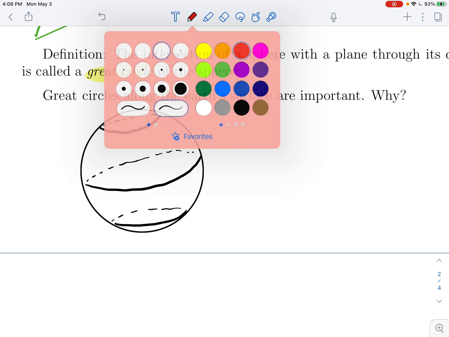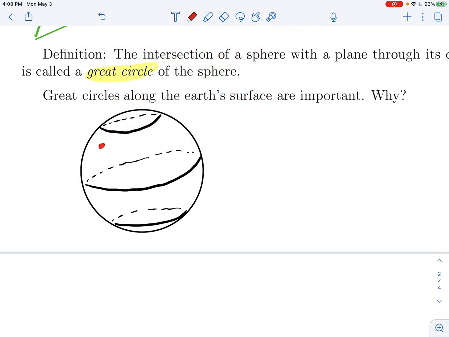And suppose you wanted to fly in an airplane from a point located here to a point located here. Actually, let me move the second one like so. The shortest path would not be the path that looks like a straight line on the map. It would actually follow a great circle.